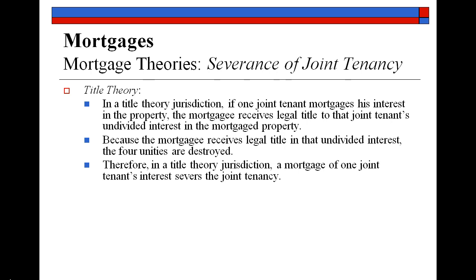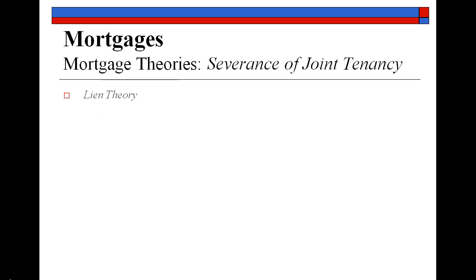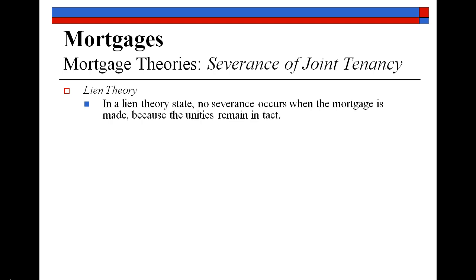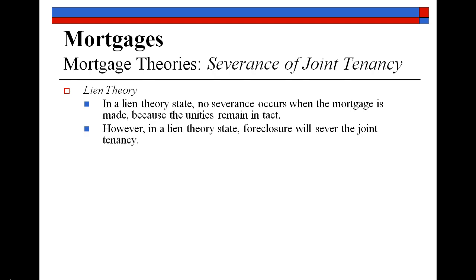However, in a lien theory jurisdiction, again as we learned first semester, no severance occurs when the mortgage is made because the unities remain intact. However, even in a lien theory jurisdiction, if a foreclosure sale occurs because of a default by the mortgagor, then the joint tenancy will be severed.